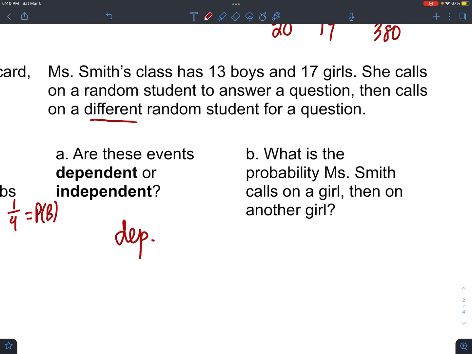The first event is always straight shooting. Calling on a girl is a 17 out of 30 chance. And what's the probability that she calls on another girl? Well, after event A, there is one less girl. So there's only 16 girls to pick from, and there's only 29 people to pick from in the whole class.